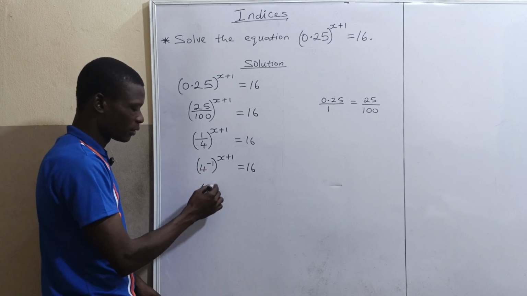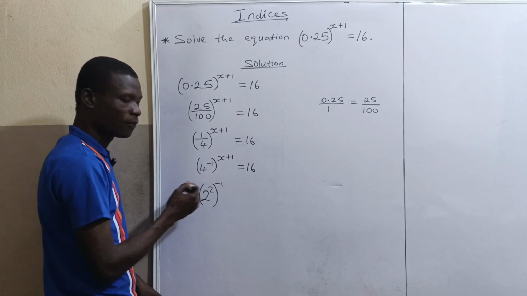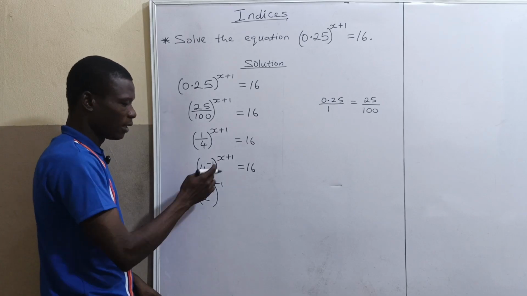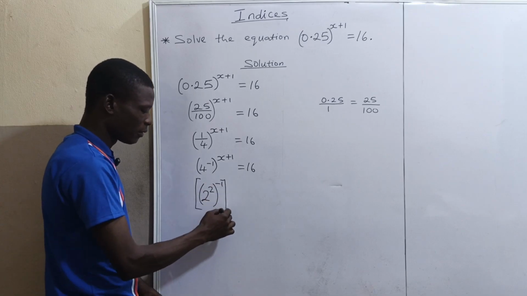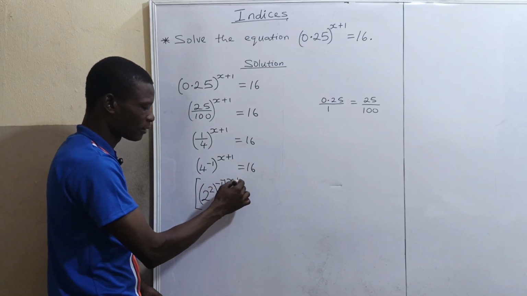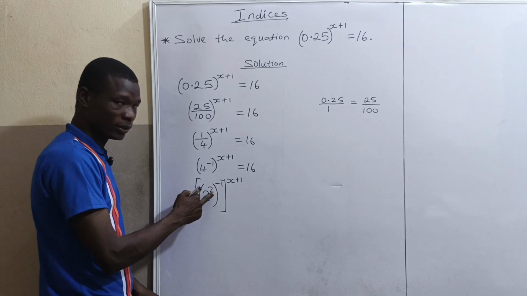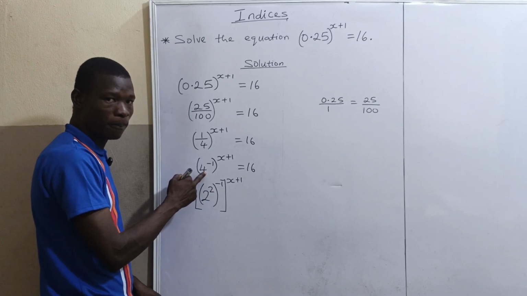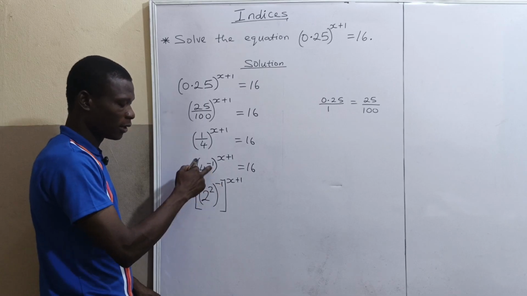Then this 2 raised to power 2, which is 4, is now raised to power negative 1, as we have it here. And of course, this is also all together being raised to power x plus 1. 2 raised to power 2 is firstly 4. 4 is now being raised to power negative 1.